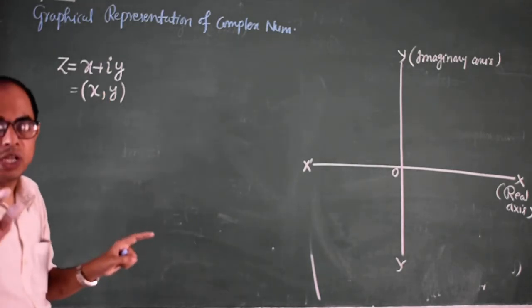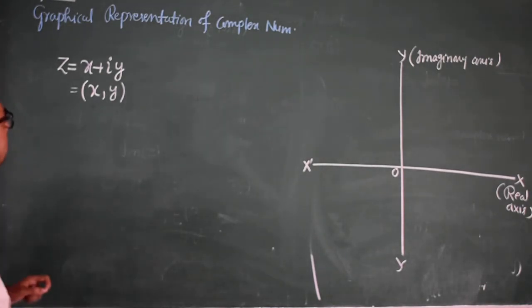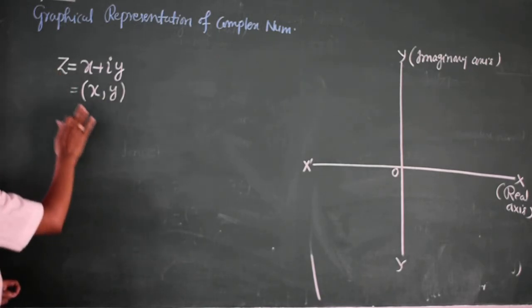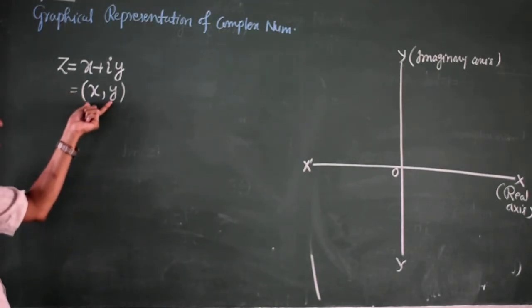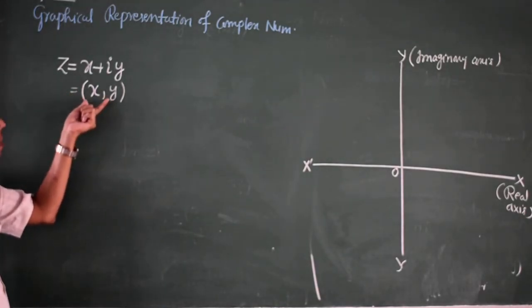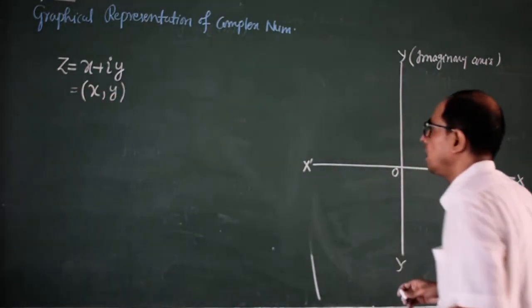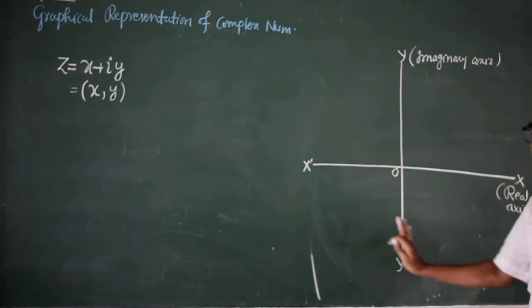You cannot change the position. It is an ordered pair. So to plot any complex number in this xy plane, write this complex number in ordered pair form. Now plot this point.